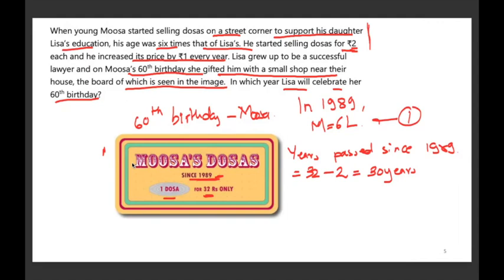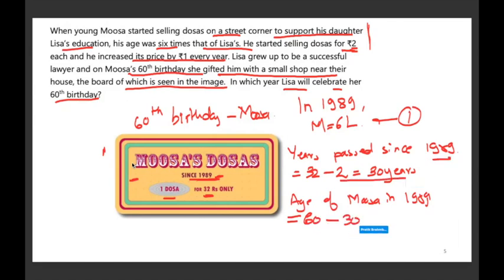Also, we know she gifted him this plate on the 60th birthday. So the age of Musa in 1989 would be his current age 60 minus the years that have passed since 1989, which is 30, which is equal to 30 years.